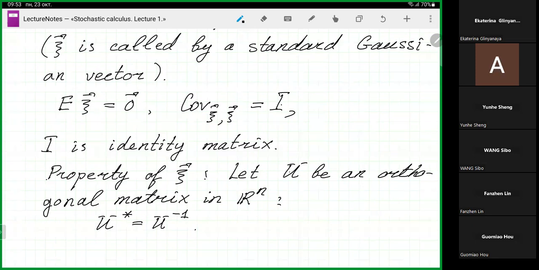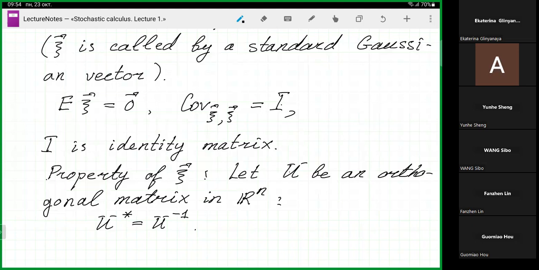So one can have such examples like a matrix of the symmetry in R2 with respect to main diagonal, or rotation in R2. Sometimes people even use the notion that U is a generalized rotation in Rn. Due to this property, U keeps angles and length of vectors, angles between vectors and length of vectors. So it's like rotating the space as a rigid body.